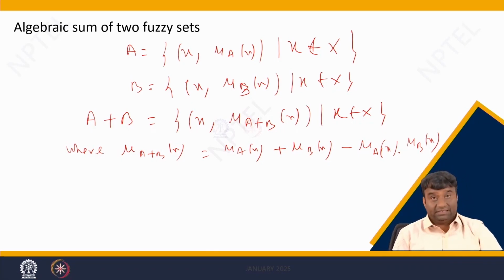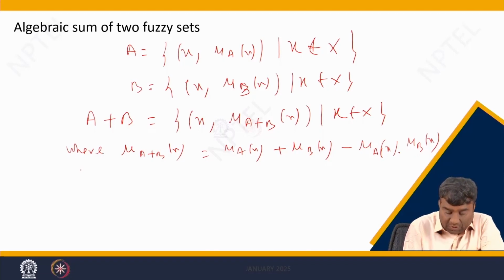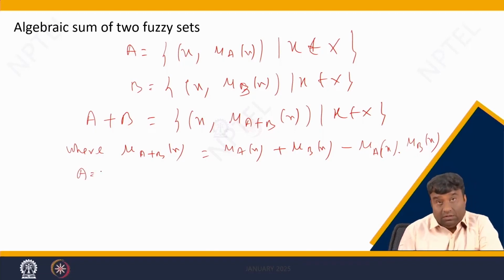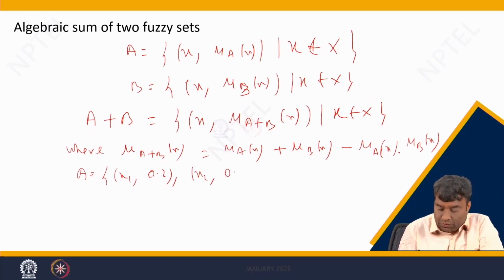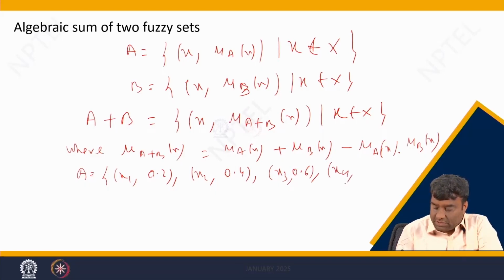Let's take the same example for the same set. A equal to x1 0.2, x2 0.4, x3 0.6, x4 0.8.